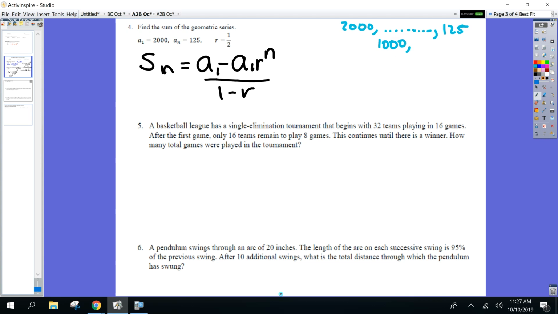What's the next term? 500. What's the next term? 250. And then finally, what's the next one? 125. So 125 is the what term? 1, 2, 3, 4, 5 terms. It's the 5th term. So there's my end value of 5.